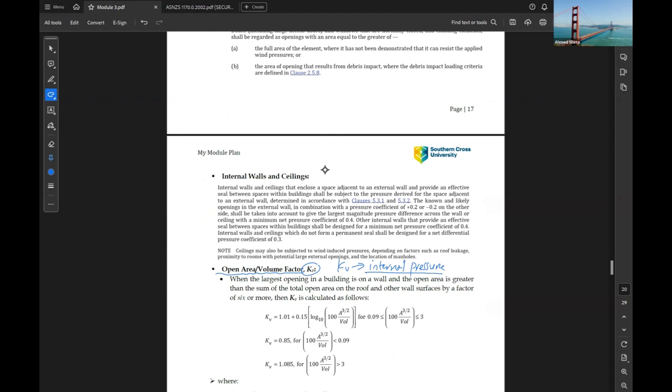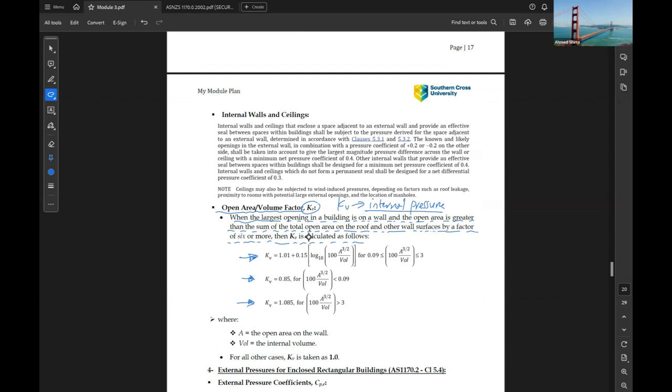We can have 3 cases of KV based on this factor. So when the largest opening in the building is on a wall and the open area is greater than the sum of the total open area on the roof and other wall surfaces by a factor of 6 or more, KV is taken as follows.